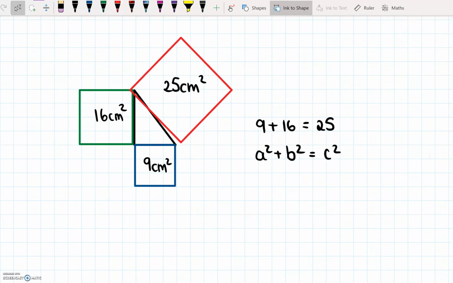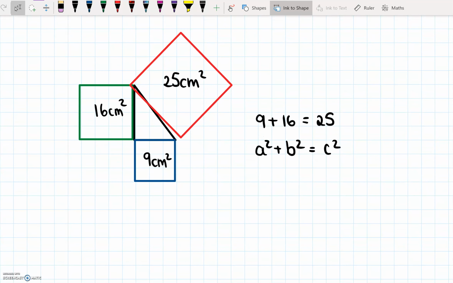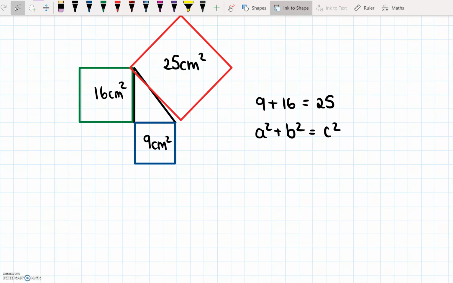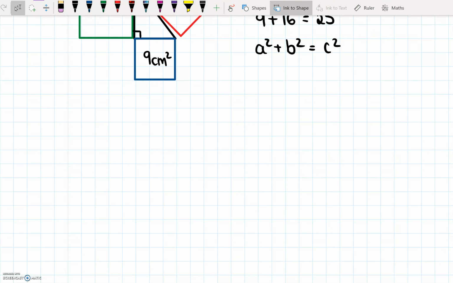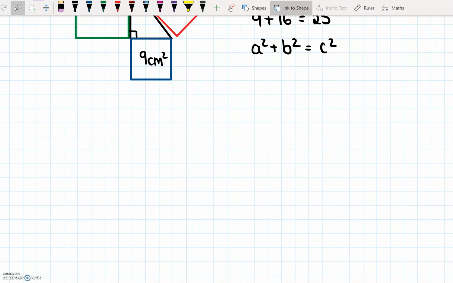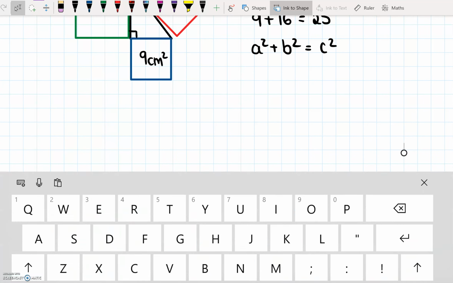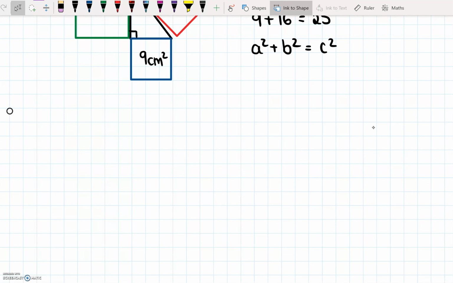Now, as I said, to start off with, we're not going to be doing anything with numbers. All I want you doing is identifying Pythagoras' theorem in various triangles. You're not always going to get A, B, and C as the letters. We try to use them as much as possible, but you are also going to get other letters.